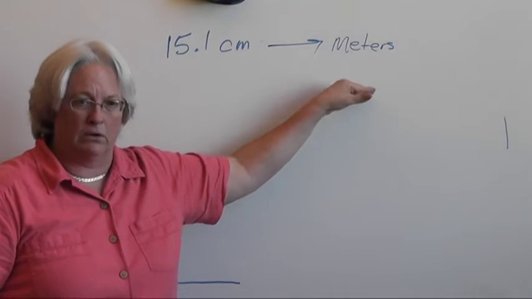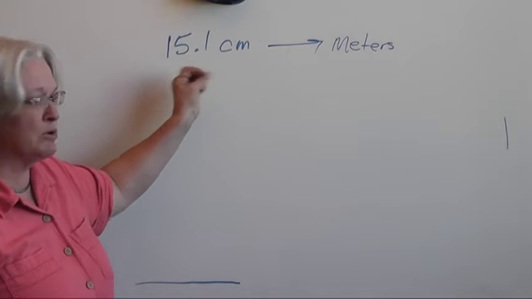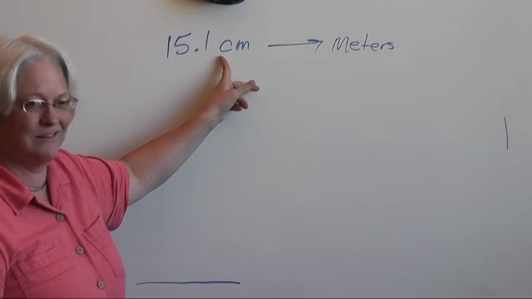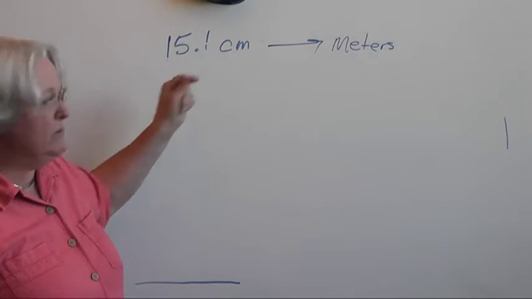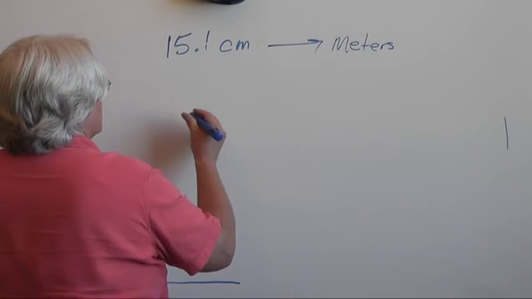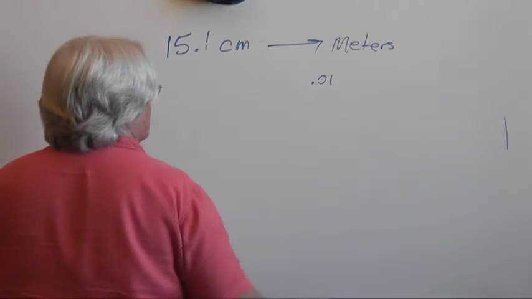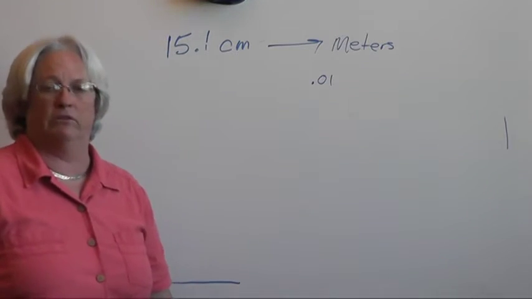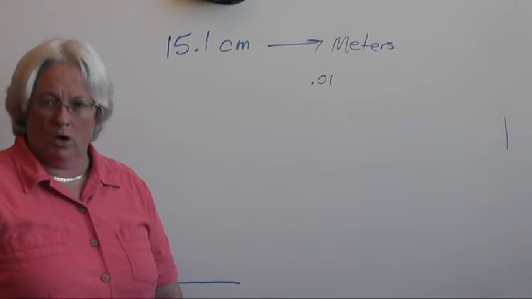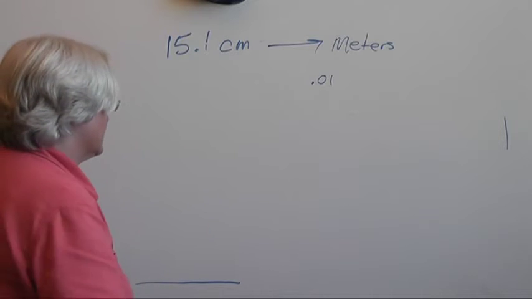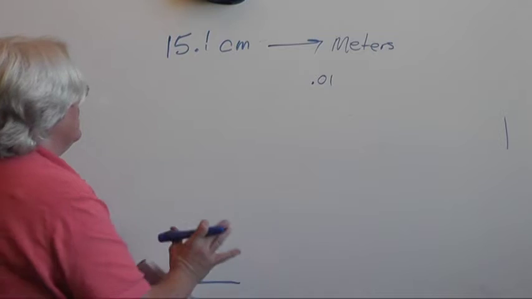We learned that the meter is the base unit in the metric system, and we learned the prefix units, so what is centi? Centi is 1/100.